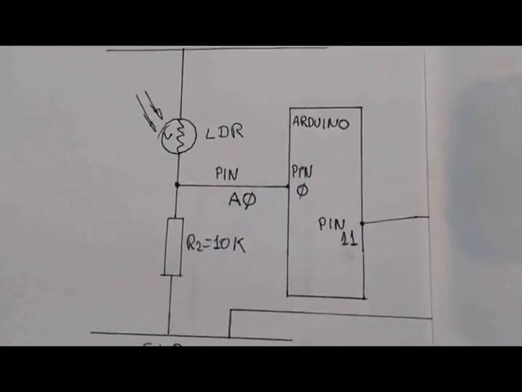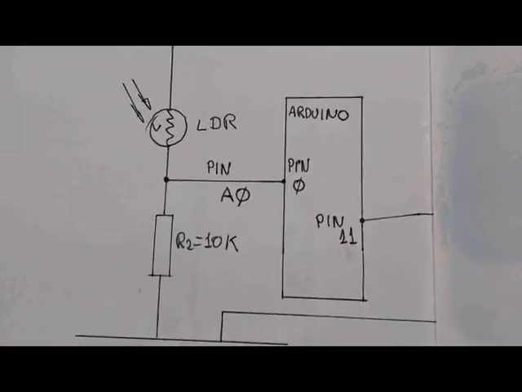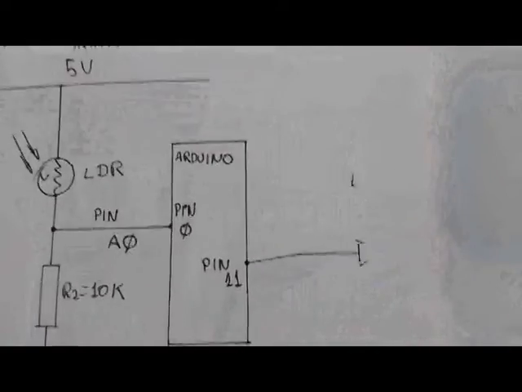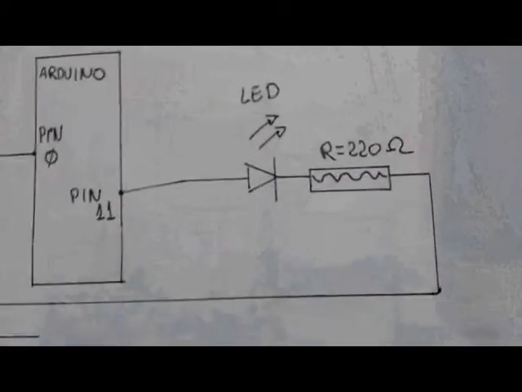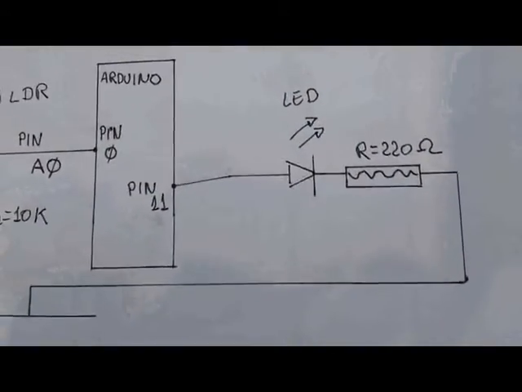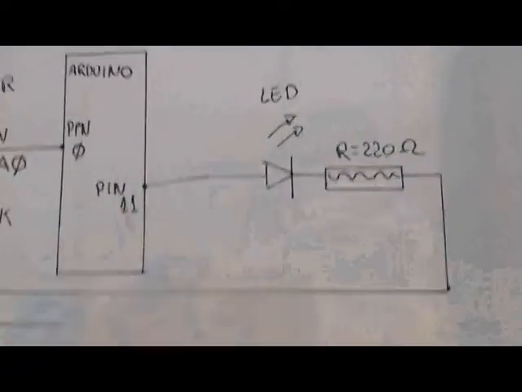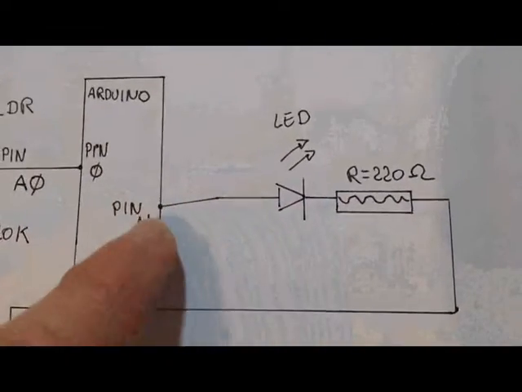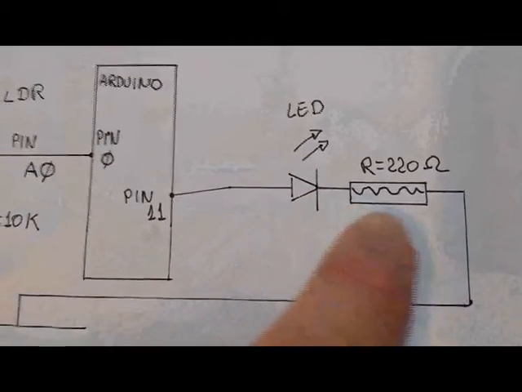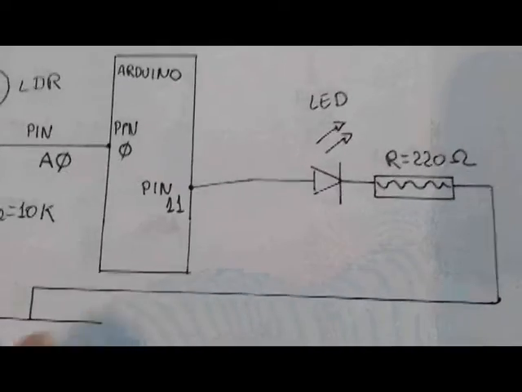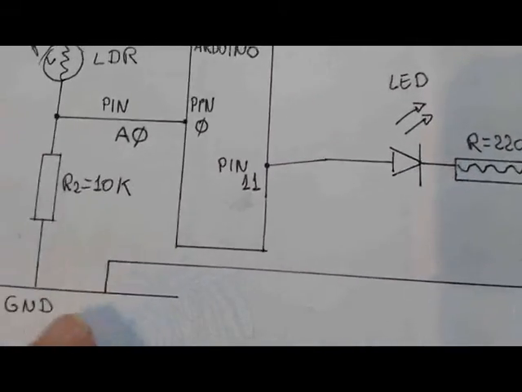This is the input for our microcontroller board, and the output is this pin 11, that is connected to our LED. The LED on one side is connected to pin 11, and on the other side is connected to the series resistance of 220 ohms that is connected to ground.